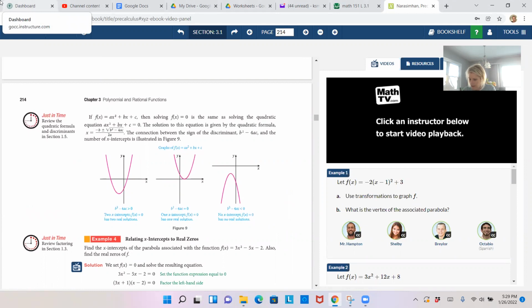I'm going to write it out again on our paper. The x-intercepts equal negative b plus or minus, so we have to do it twice, one with a plus and one with a minus, the square root of the discriminant, basically b squared minus 4ac, all over 2a.